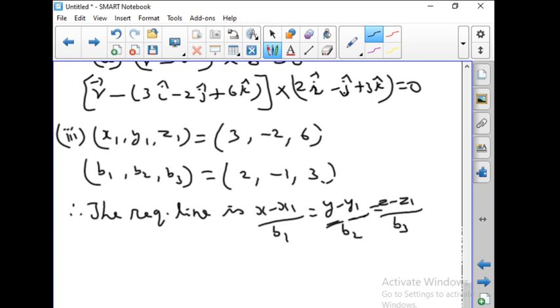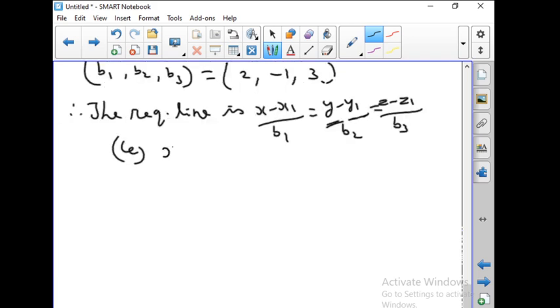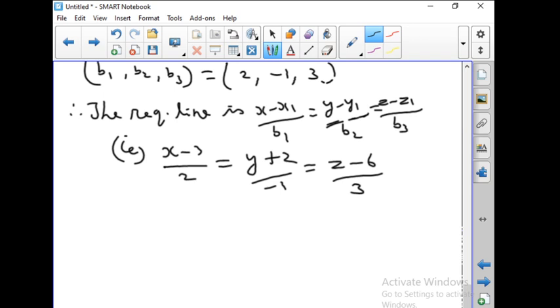So we get (x minus 3) by 2 is equal to (y plus 2) by minus 1 is equal to (z minus 6) by 3. So this is the vector equation of the line in the Cartesian form.